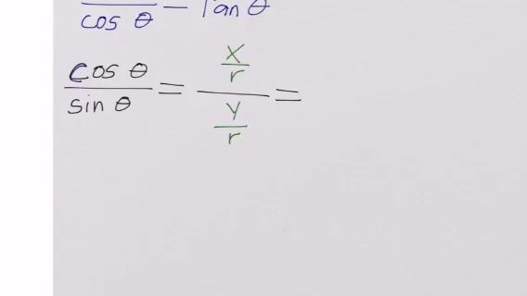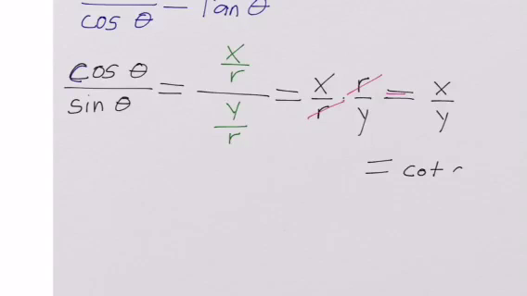Again, dividing fractions like we normally do, x over r times r over y. Factors of r cancel out. And I'm left with x over y, which is the definition of the cotangent.